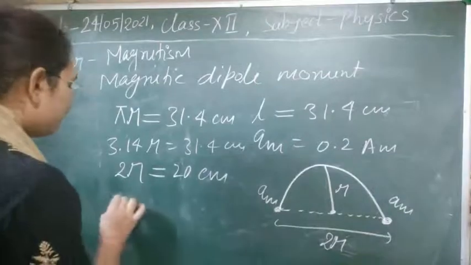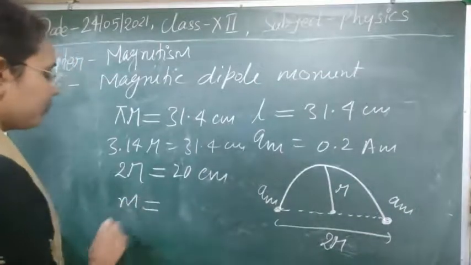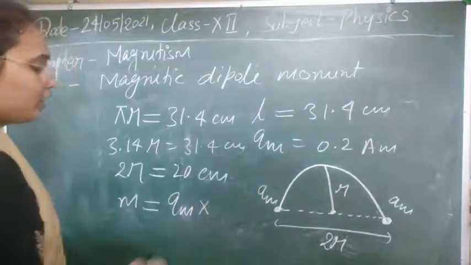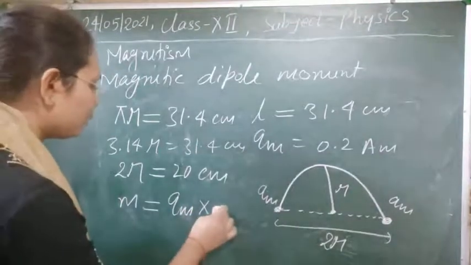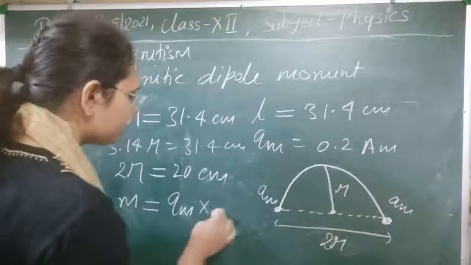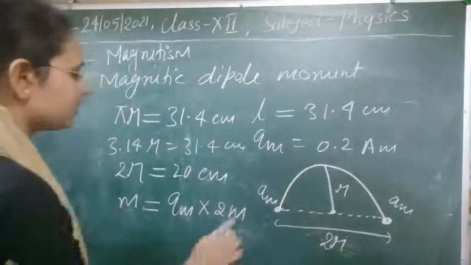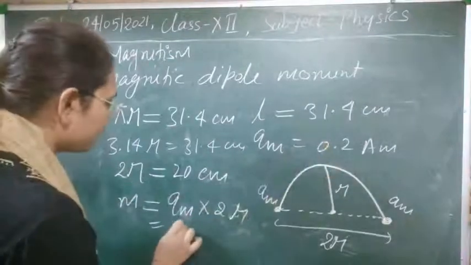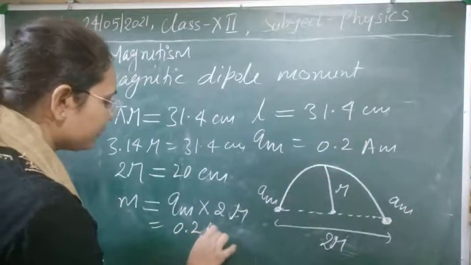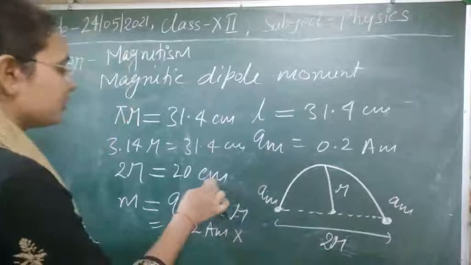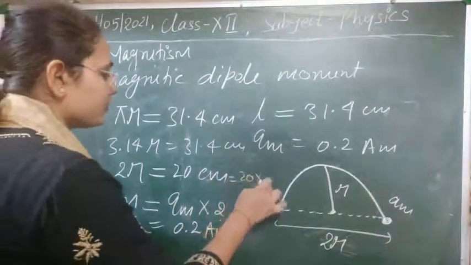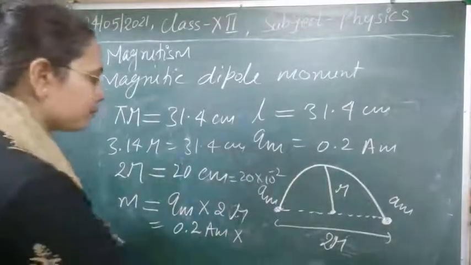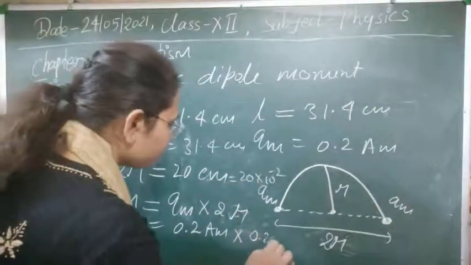Now if we use the formula for the magnetic moment, the magnetic moment is equal to the pole strength of any pole into the magnetic length, meaning the distance between these two poles, that is 2r. Qm has the value 0.2 ampere meter, and the length is in centimeter, so let's first write it in meter: 0.20 meter.